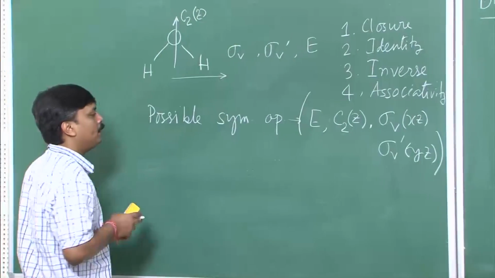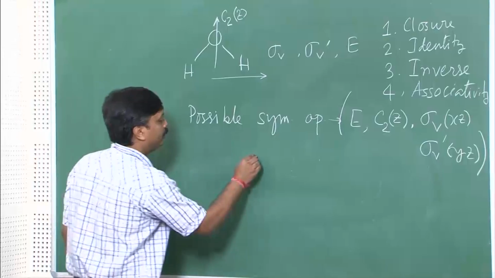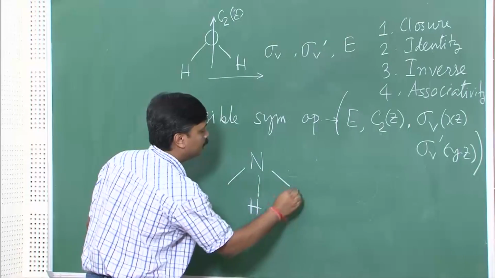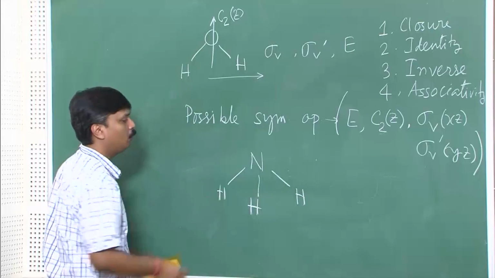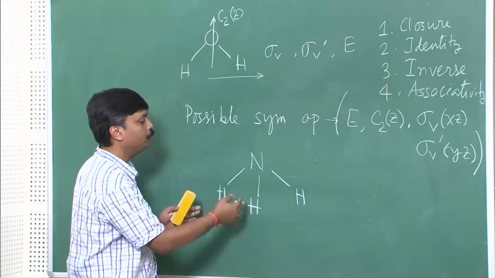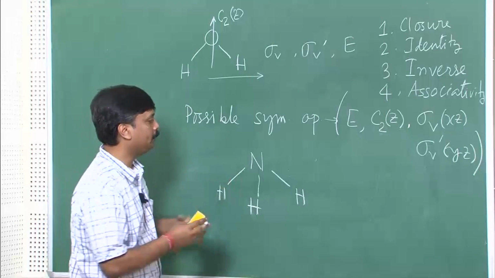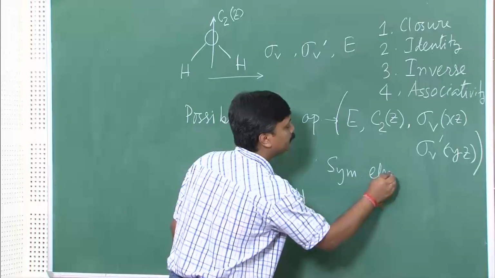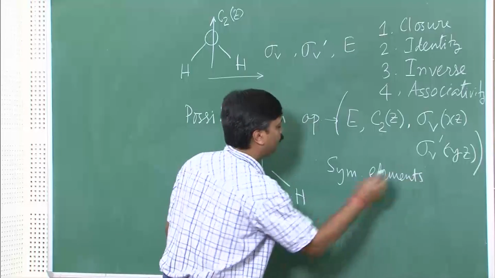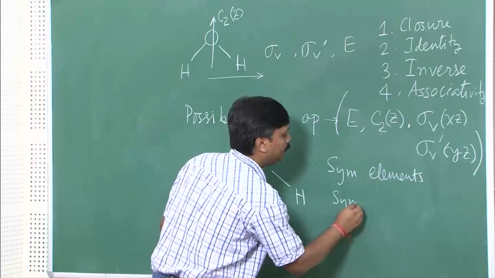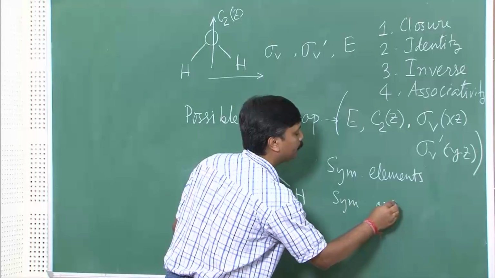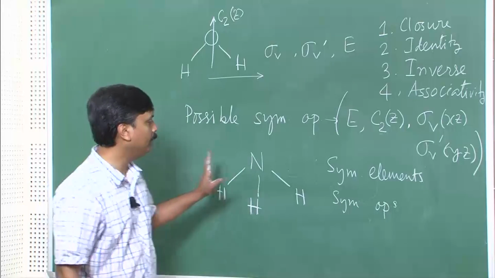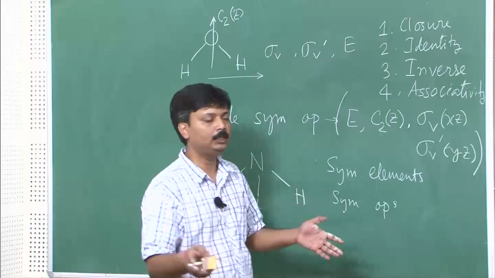So this is verified now. You can try out with different molecules like ammonia, which is another simple molecule. So you know what are the symmetry operations there. Okay, so you find out the symmetry elements first, and from there you find out the symmetry operations. Okay. Now if you can generate all the operations, then you have found the total list of the symmetry operations.